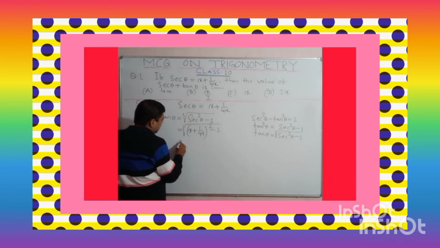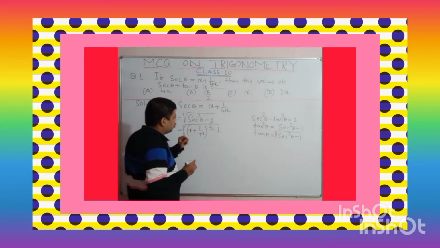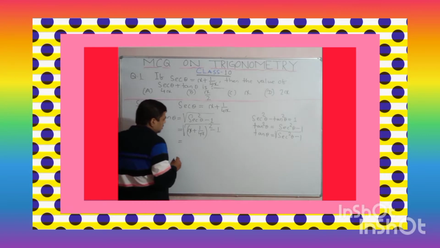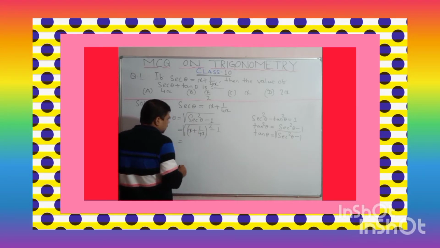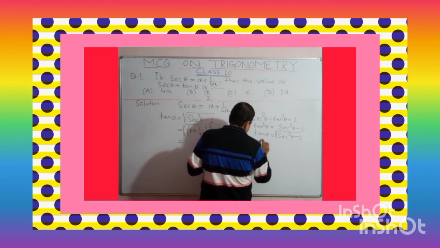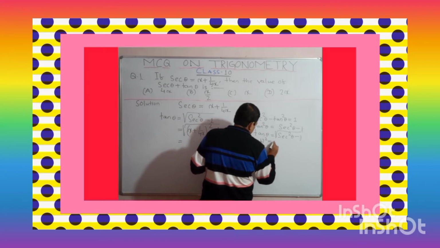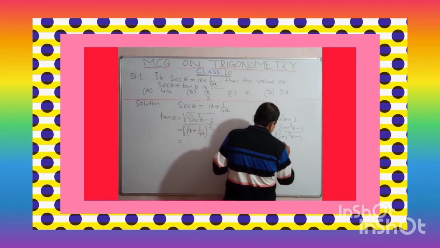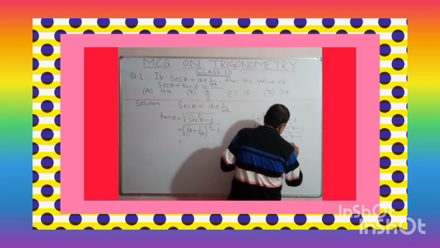Now you can apply (a plus b) whole square. So x plus 1 upon 4x whole square. You can apply the identity a plus b whole square, which is a square plus b square plus 2ab.